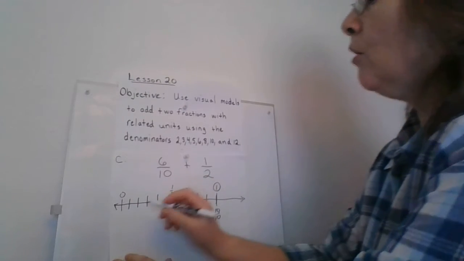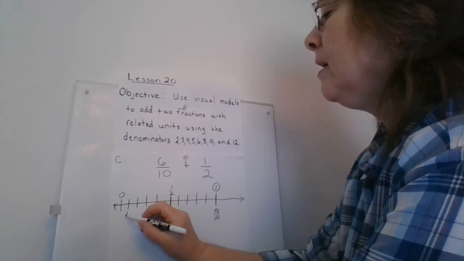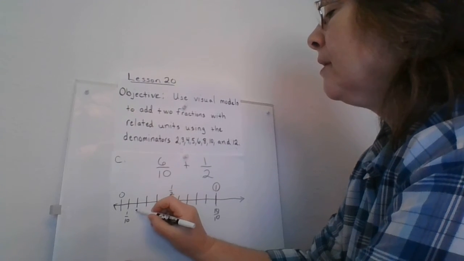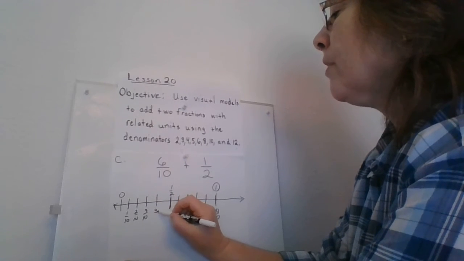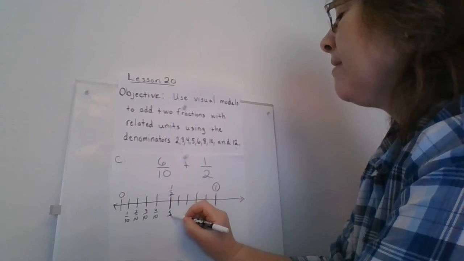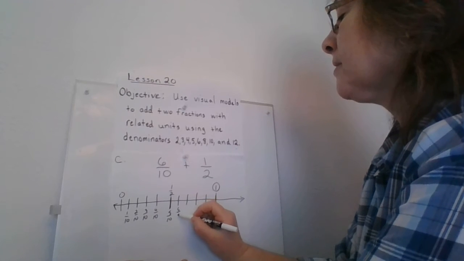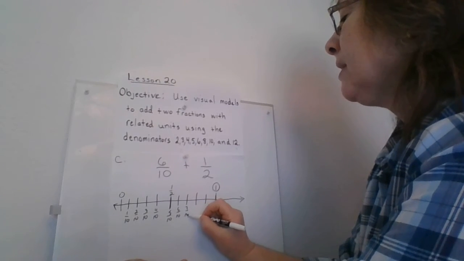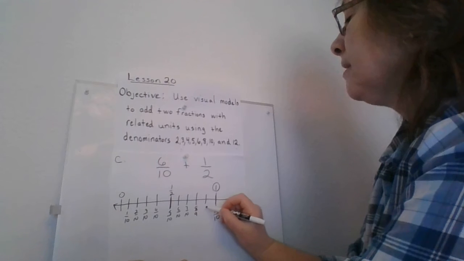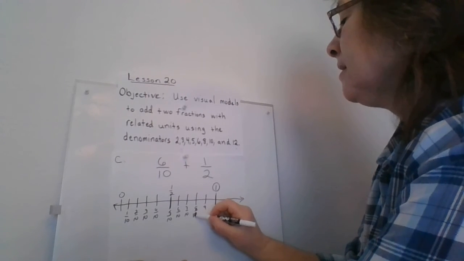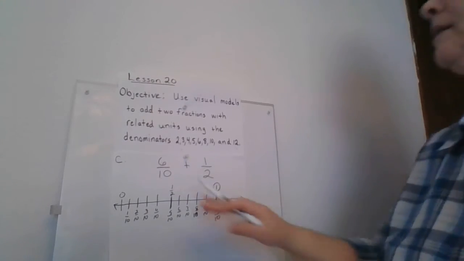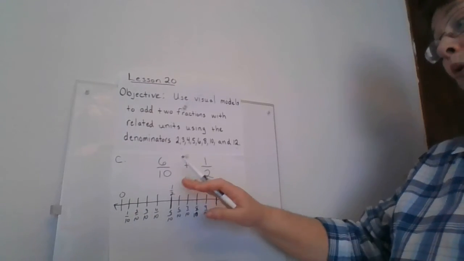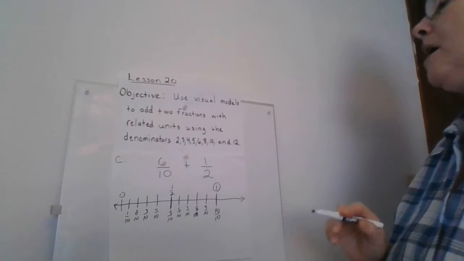Okay, so now I can go back and label. This would be 1/10, 2/10, 3/10, 4/10, 5/10, 6/10, 7/10, 8/10, 9/10, and 10/10. So I labeled my number line showing both fractions on it.